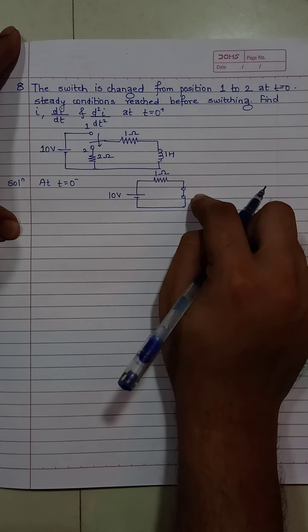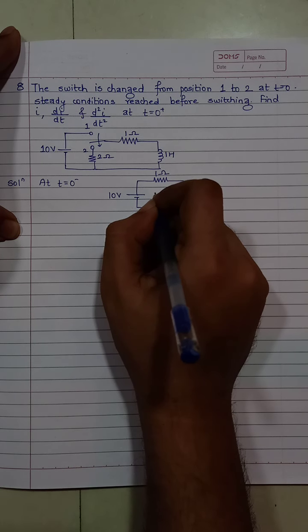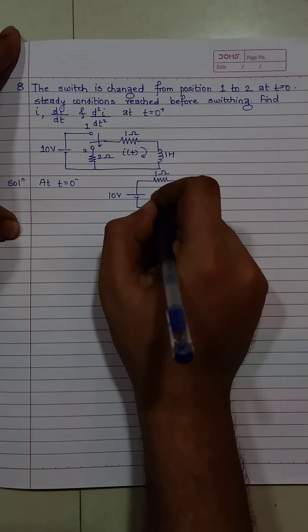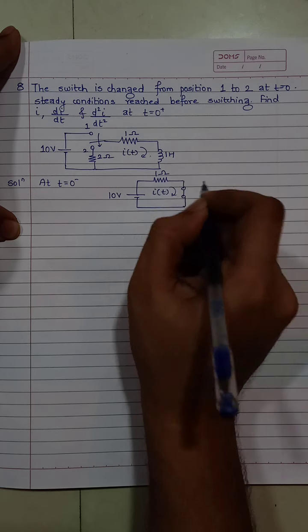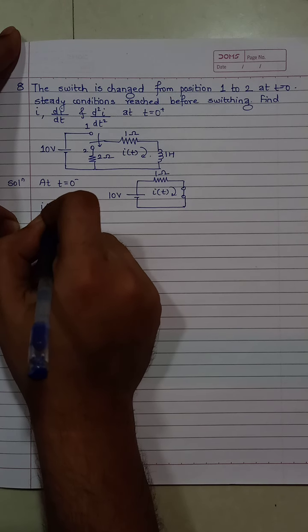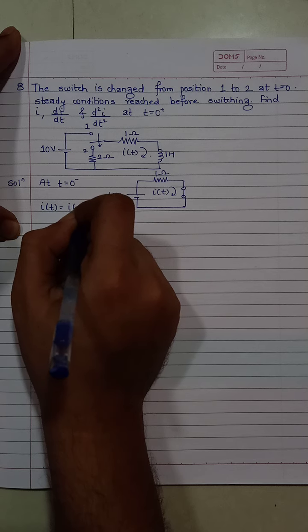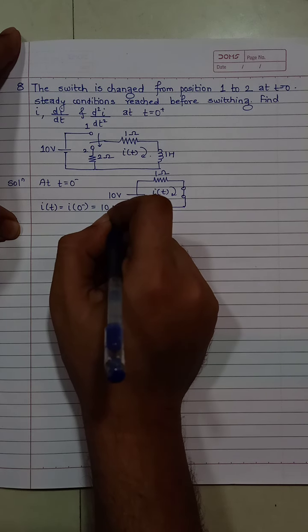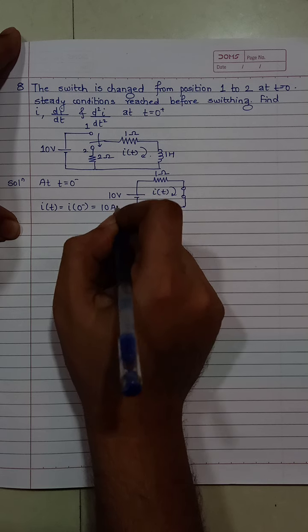We'll find the current flowing through this, and i of t is given here. So i at time 0 minus will be 10 amperes.